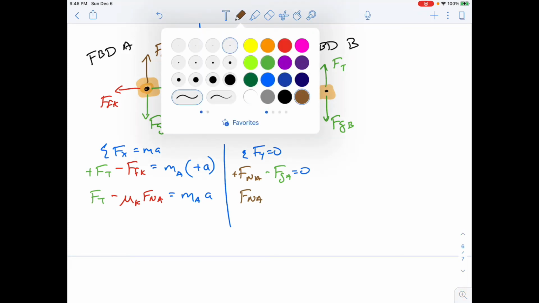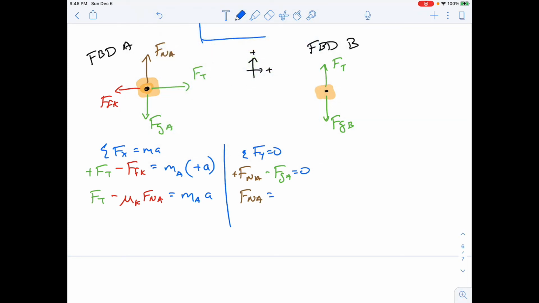So force normal A equals gravitation, which is m times g, and then we can plug that in. Now I'm going to be fancy, and I'm not going to plug in the numbers.